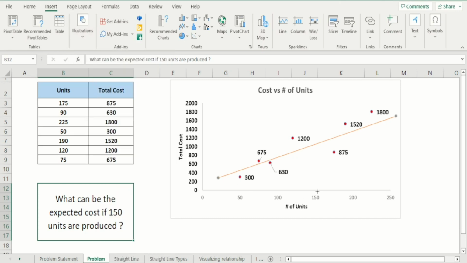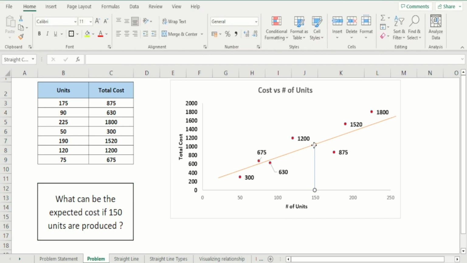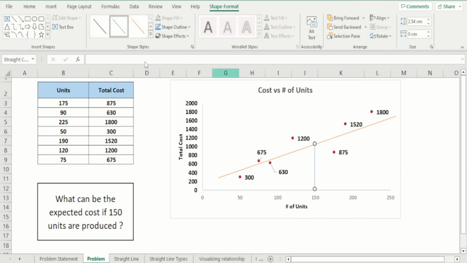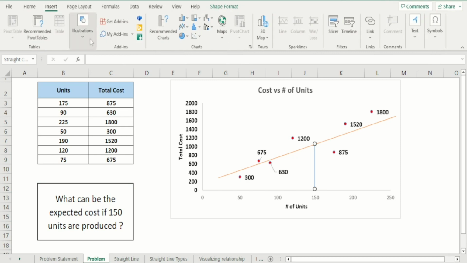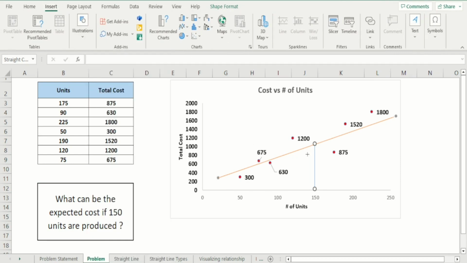All that we'll have to do is, from the 150 units, draw a vertical line which intersects this approximate straight line which gives us all the data points, then whatever this point is will be able to give us what the possible or expected anticipated cost might be, right?